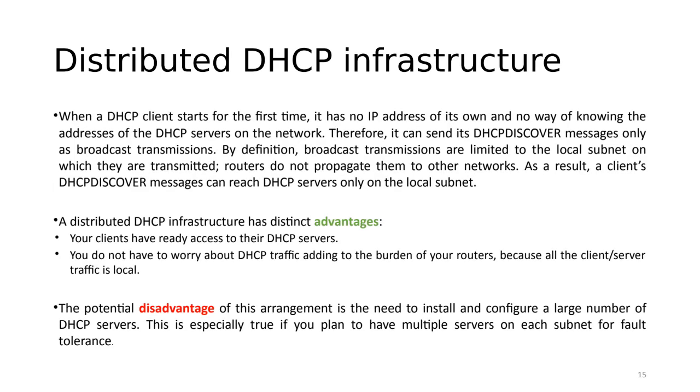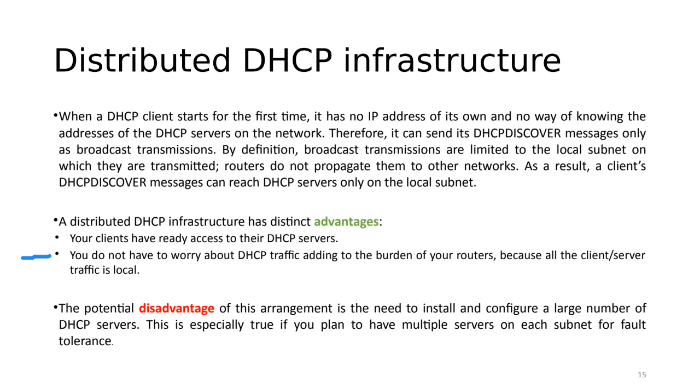So we have different types of infrastructure. Actually, we have three. The first one is called distributed. In distributed, you have a DHCP server in each segment of the network. The advantage is your clients have ready access to their DHCP server. You do not have to worry about DHCP traffic. Like I am in this room, I have my DHCP server.